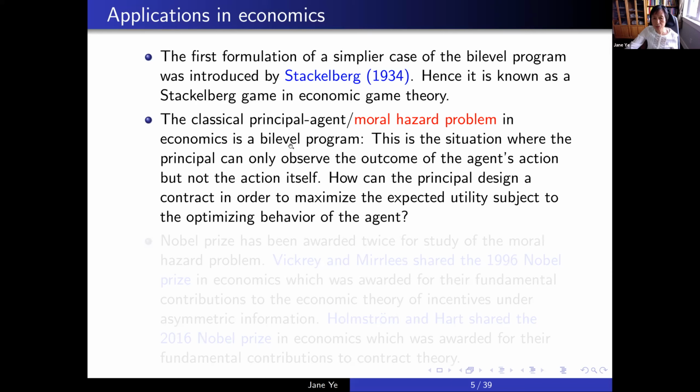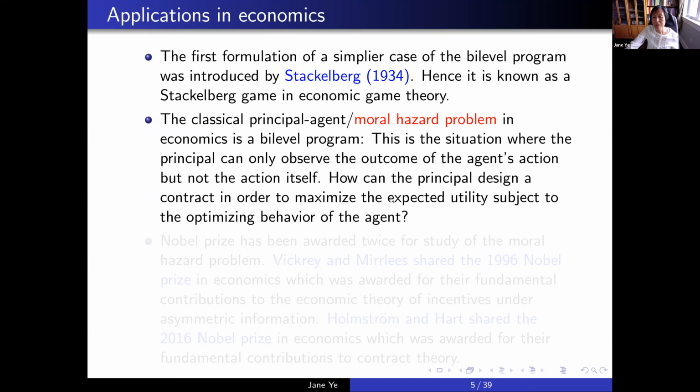This is a situation where you have a principal and an agent, like boss and employee, right? And the boss can only observe the outcome of the employee, and you cannot see how the employee is working, how hard the employee works, you cannot control that. So the boss will design a contract, for example, a wage scheme, in order to maximize the utility.